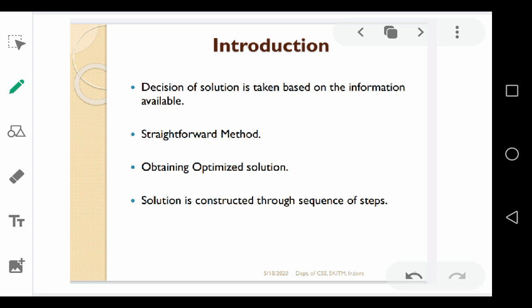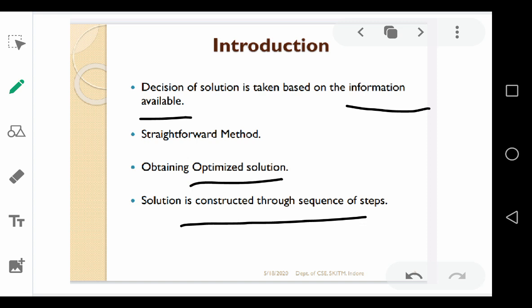Here we are making the decision on the information available, and the solution is constructed through a sequence of steps, in order to obtain the optimized solution to the problem.